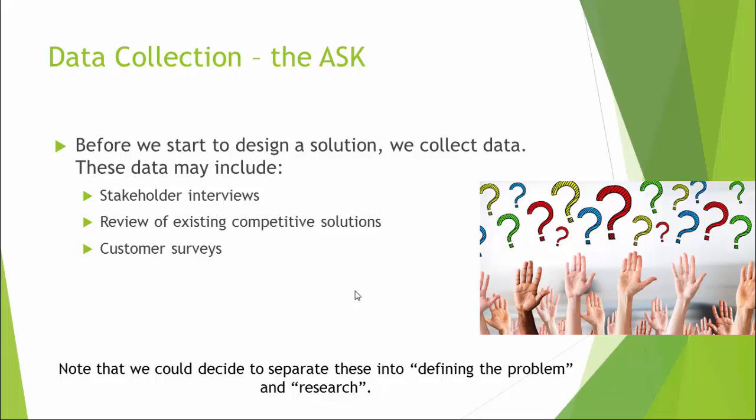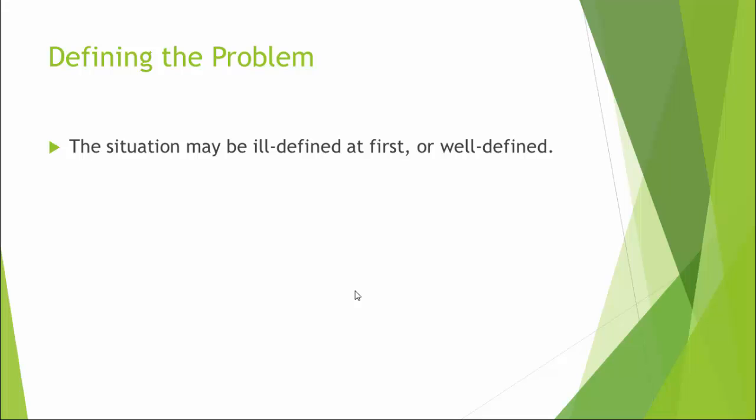Now, we've lumped two things into one here when we've talked about data collection. We may decide we want to separate those two things into defining the problem and research. So in one case, we work with the stakeholders, and in the other case, we may be doing a lot of work with the customers. Now, when it comes to defining the problem, when we begin our work, our situation might be that we don't have a lot of idea of what that problem is.